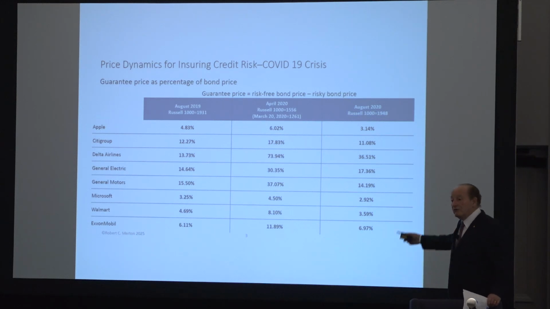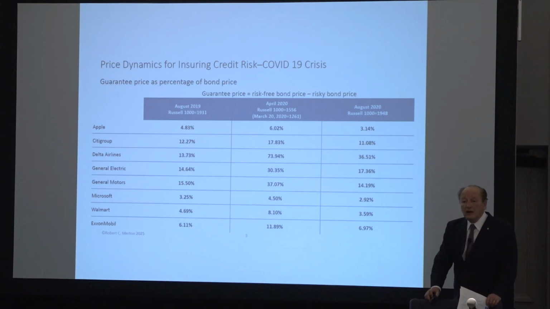Now let's go forward 6 or 7 months, to COVID in April, not at the bottom in March. By the way, I give you the stock market there because that's important. Why? Because the stock market is telling you something about the value of the assets that underlie that, which you've written the guarantee on. How much value is there, actually. So the stock market is not irrelevant to this issue of the credit.